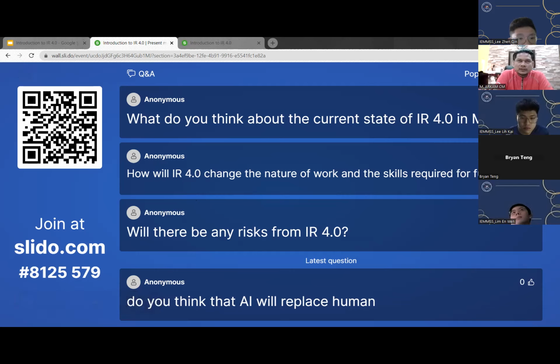To me, everything is going in the right direction. Even though they don't know about the theory behind IR 4.0, basically they are quietly involved. Our infrastructure towards IR 4.0 is also well provided. The data services, internet services, to me, are well provided.